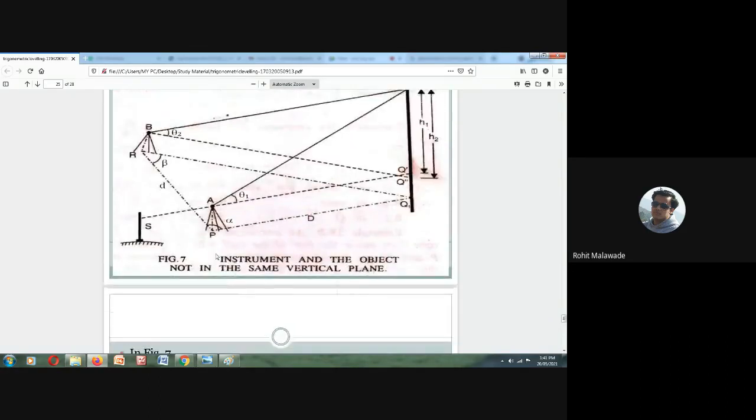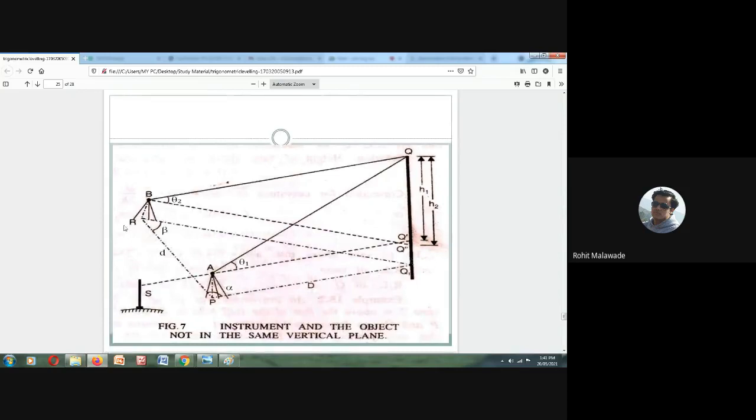From P, we look towards Q and note the vertical angle theta 1, and look towards R and note the horizontal angle alpha. From here itself, we will also look towards the staff and note down the height. So this is how we note from P.